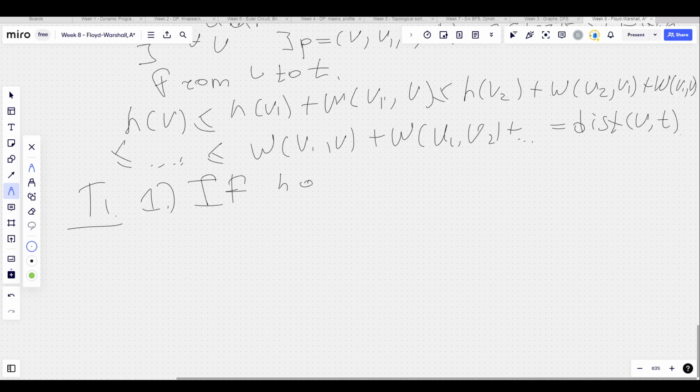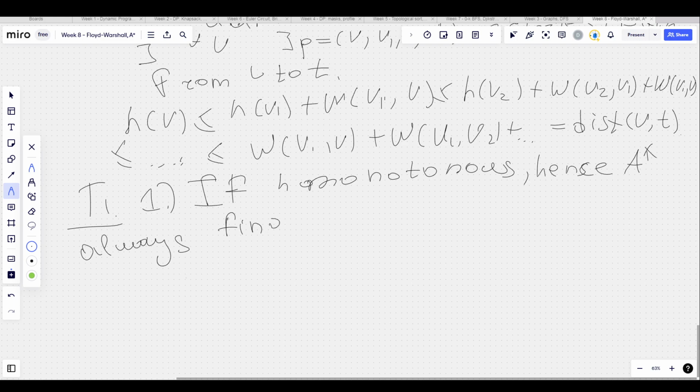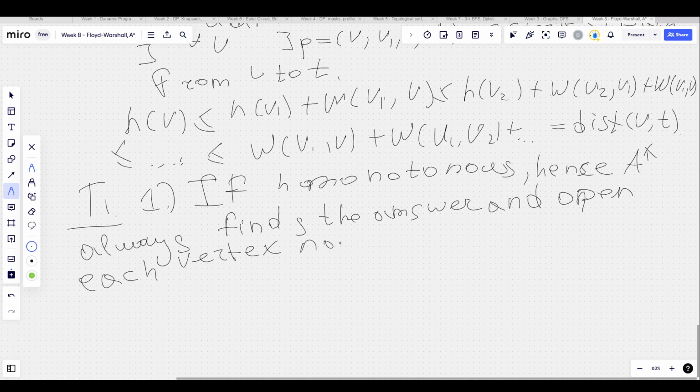If h is monotonous, hence A star always finds the answer and opens each vertex not greater than once. What do I mean by open?